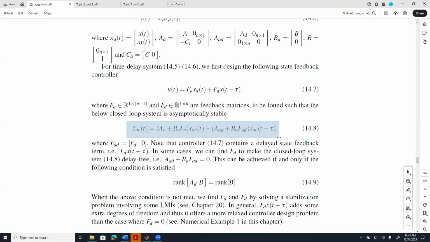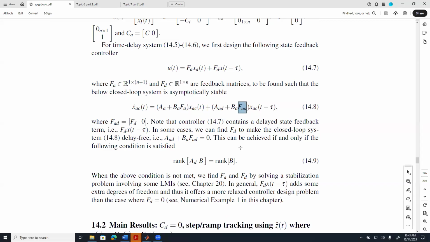This problem is not a difficult problem. We can actually use LMI to find the feedback controllers Fi and Fd. This bit here adds additional freedom. And on top of that, we can even make this entire matrix go to 0. In fact, we can do that if and only if this rank condition holds.